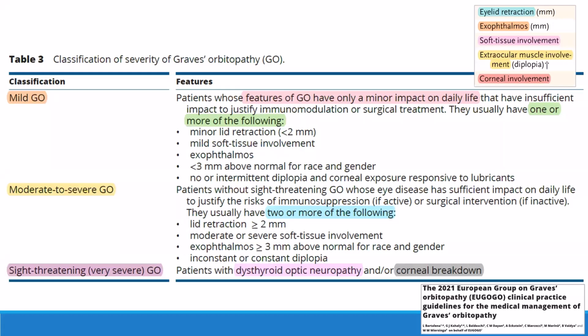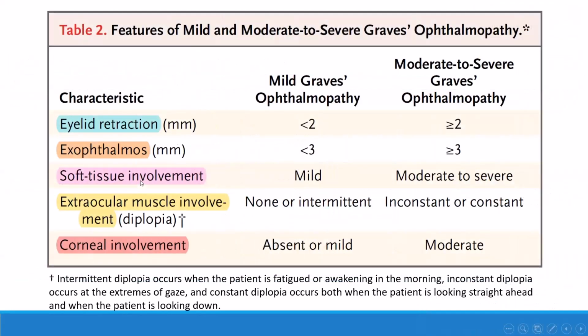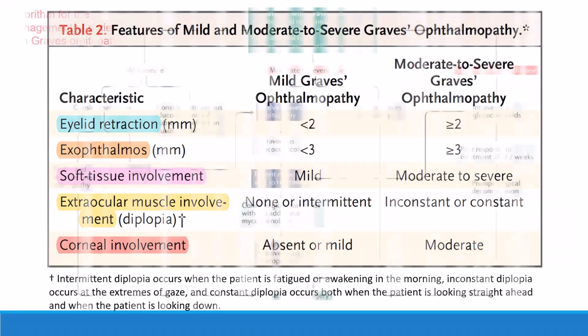Sight-threatening Graves' orbitopathy is thyroid optic neuropathy or corneal breakdown, and this is actually an emergency condition that needs rapid referral to an ophthalmologist. And this is another table from the New England Journal of Medicine to differentiate between mild and moderate to severe Graves' orbitopathy. This is a very important table, and we discuss it in more detail in the Graves' orbitopathy session.